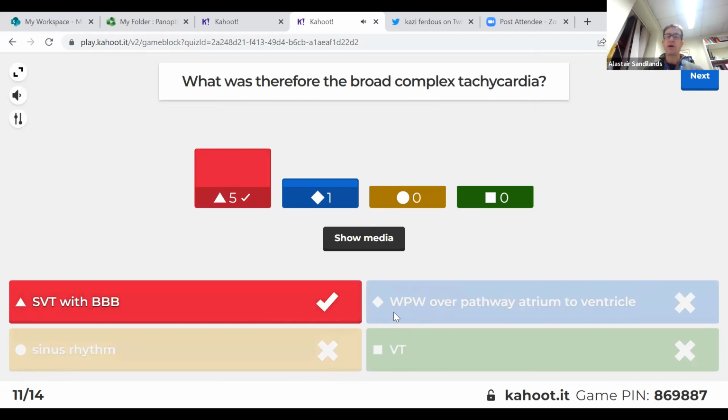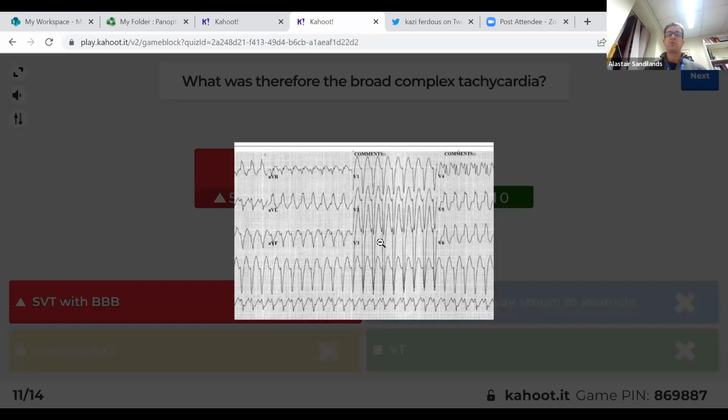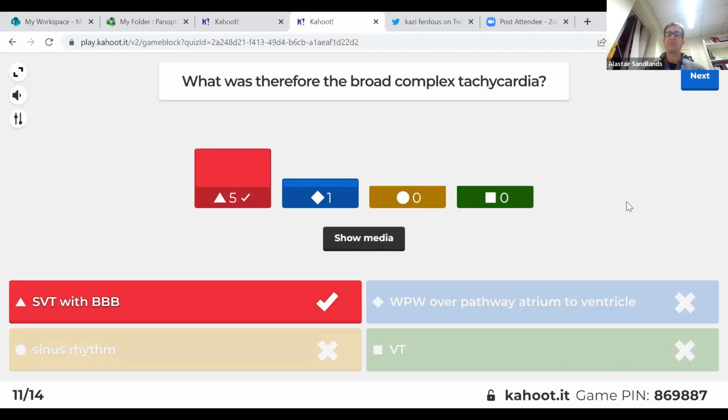We've never had Wolff-Parkinson-White. There's never been a delta wave. So this is bundle branch block in SVT, but we know this is aberrantly conducted because then in sinus rhythm, the ECG was normal. There's the broad complex tachycardia. Let's just show you that on the ECGs.